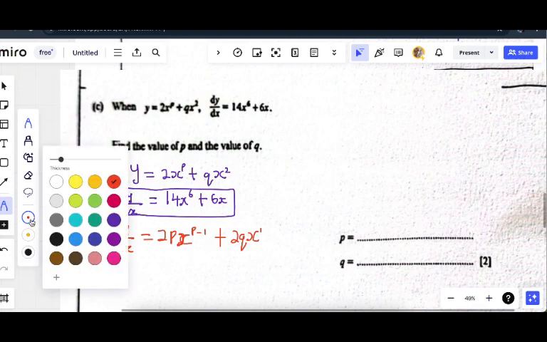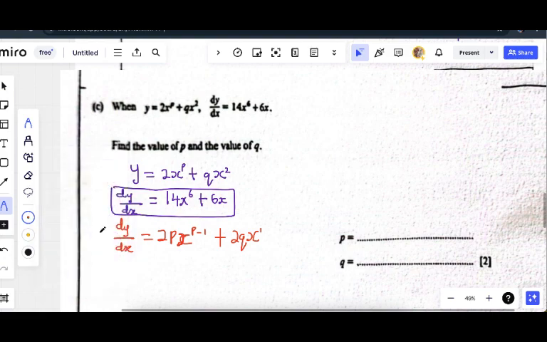Let's use a different color. We make a comparison between this one and this, so that we can find p. We equate them, and we also equate this and this in order to find q.